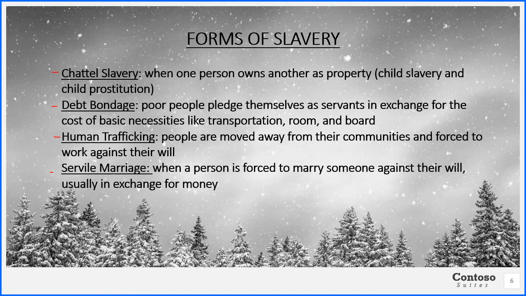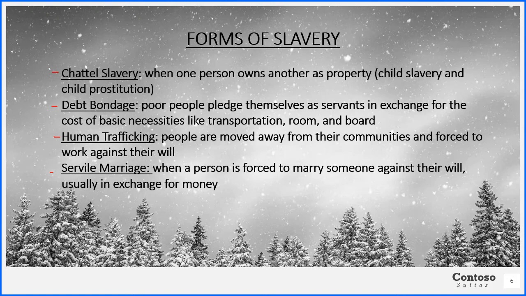And your second form of slavery is debt bondage. So this is when people, usually poor people, will pledge themselves as servants in exchange for the cost of basic necessities like transportation or room and board. So a lot of times in poorer countries, say like Bangladesh, richer people from other countries will come in and say, hey, we'll help you with applying for your visa and your immigration papers, and we'll pay for your flight to, let's say, England, just to make things simple.